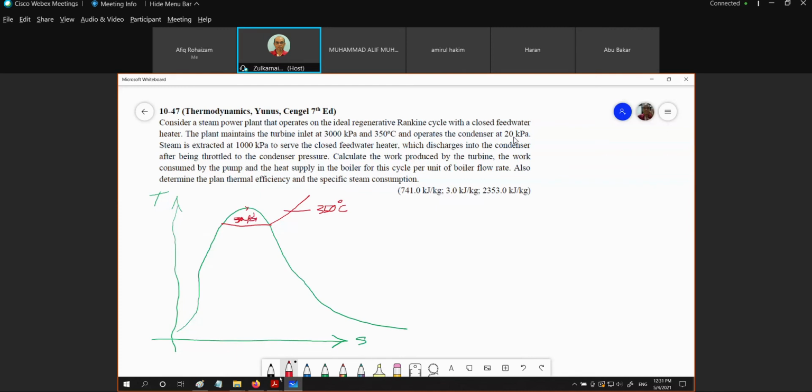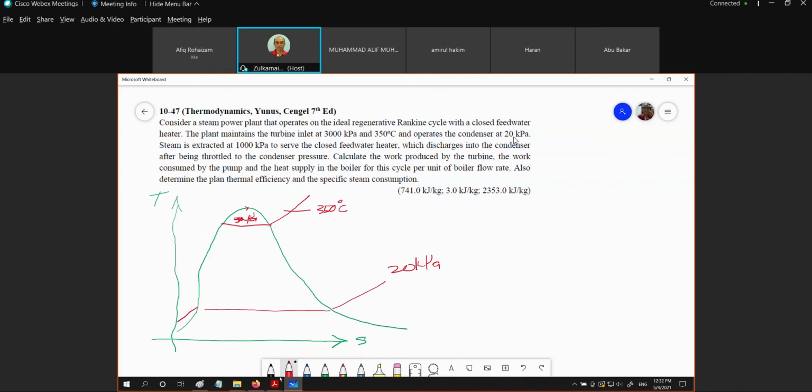Right? And then we have the condenser pressure at 20 kPa. Let's say this is our pressure of the condenser, which is 20 kPa. And we have extracted steam at 1000 kPa.